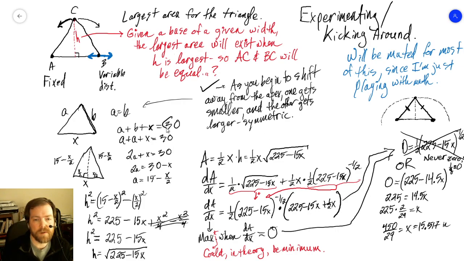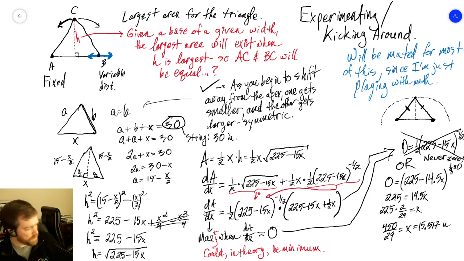Alright, so the string is going to be 30 inches long going around all three pegs. So it looks like the base at least is going to be 15.5 inches, again, give or take. And then the other two are going to be 30 minus that, and divide by 2.